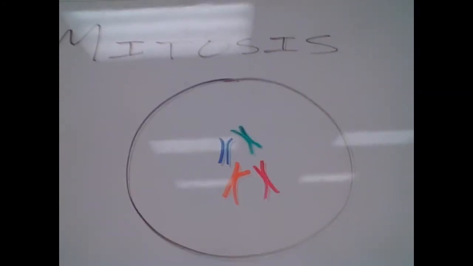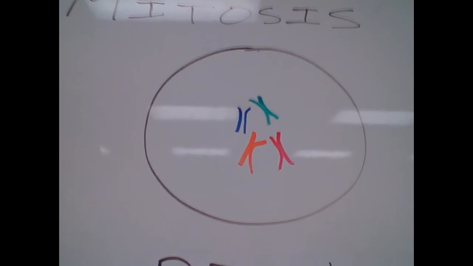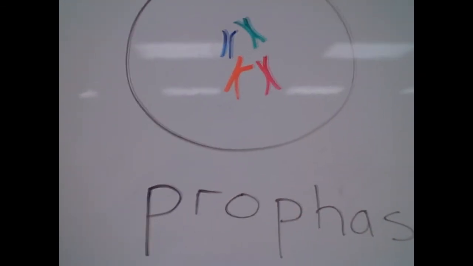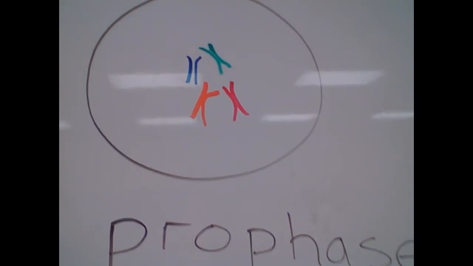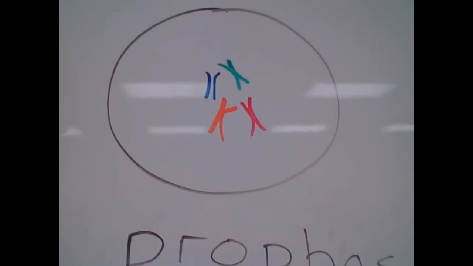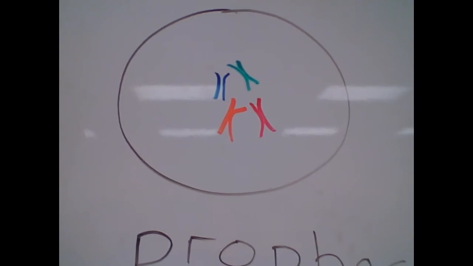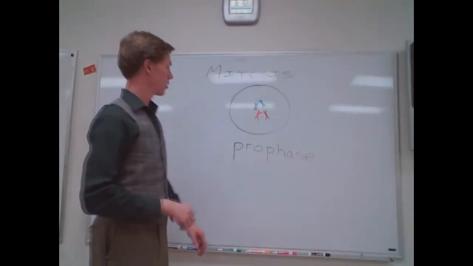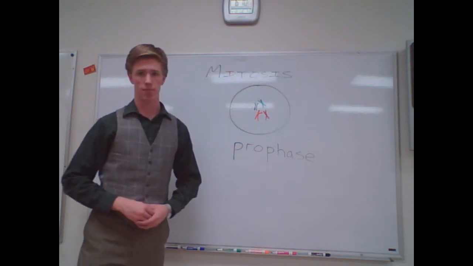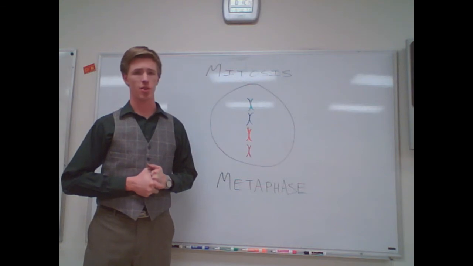Okay, so in mitosis, we now have doubled chromosomes, and this is our prophase, okay? So again, turned into chromosomes, no nuclear membrane, doubled the chromosomes. So now if you had 46 chromosomes in humans, we would temporarily have 92 of them. So that is prophase.